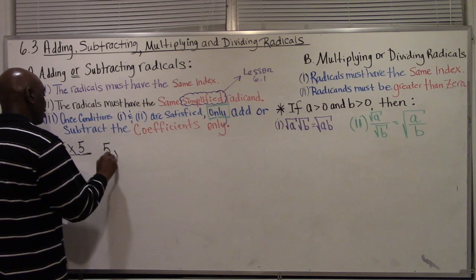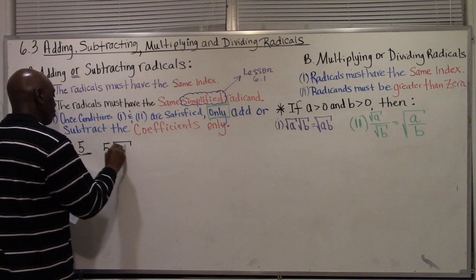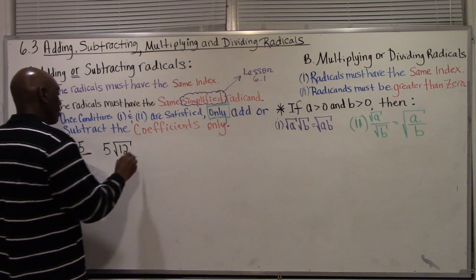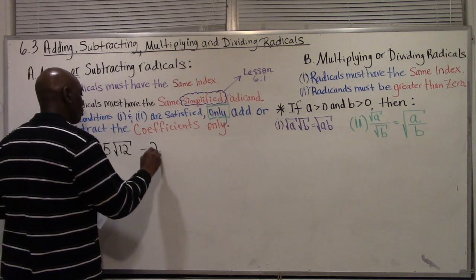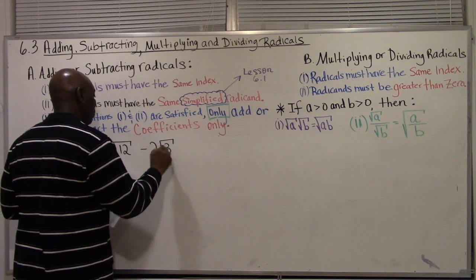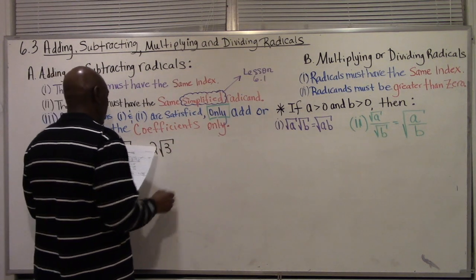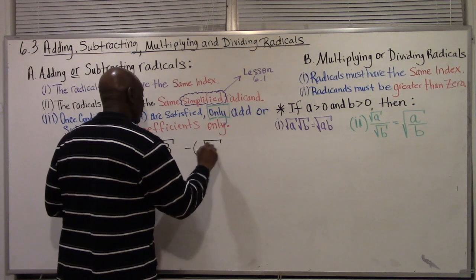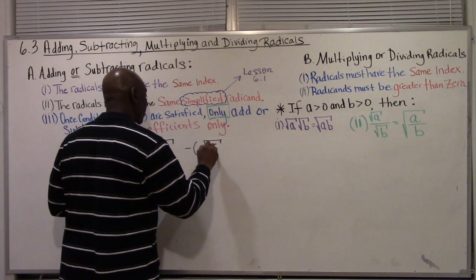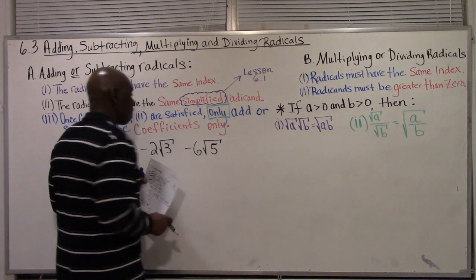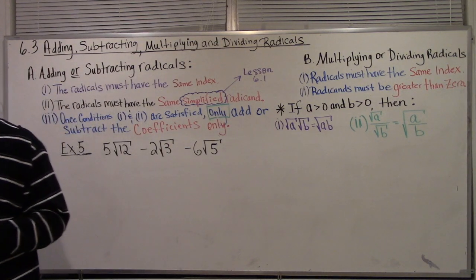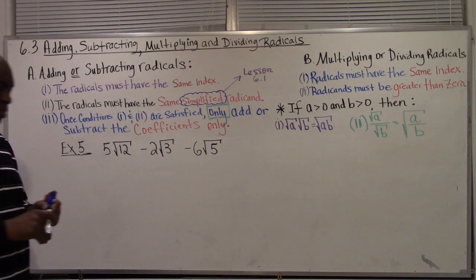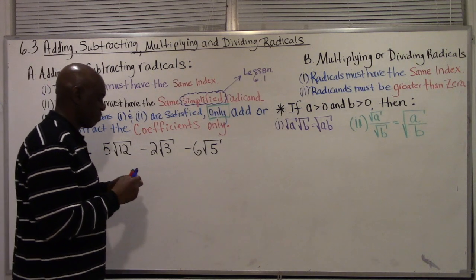The square root of 12 minus 2, the square root of 3 minus 6, the square root of 5. Okay? All right.